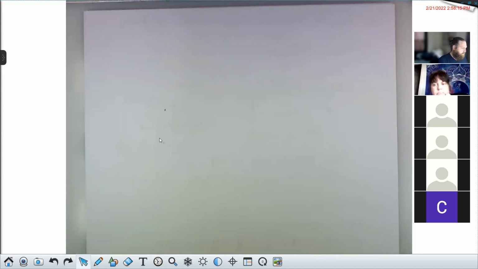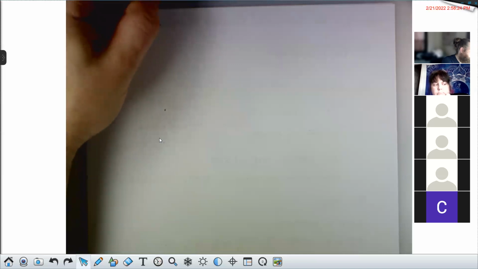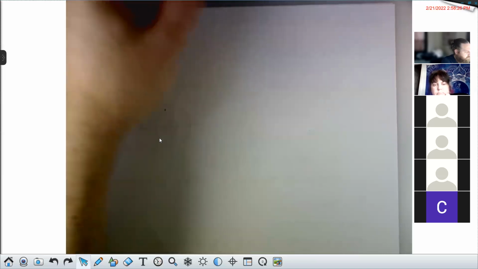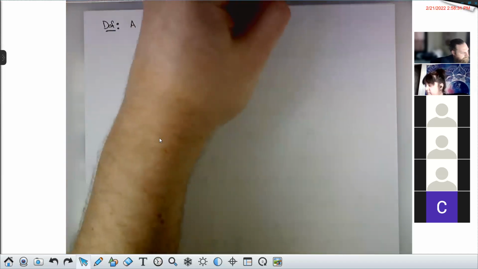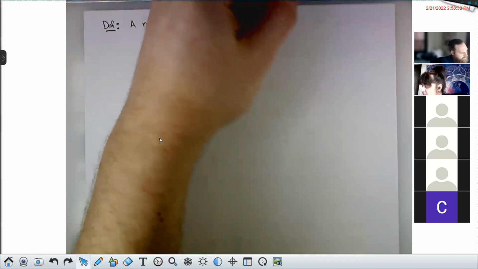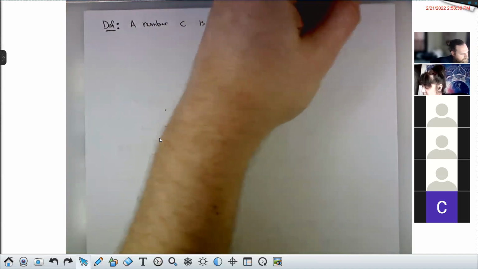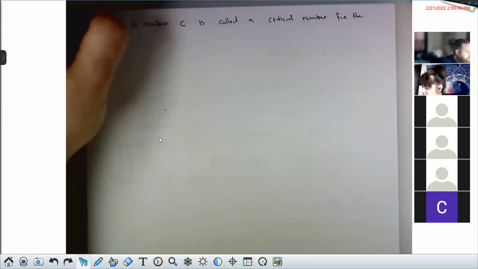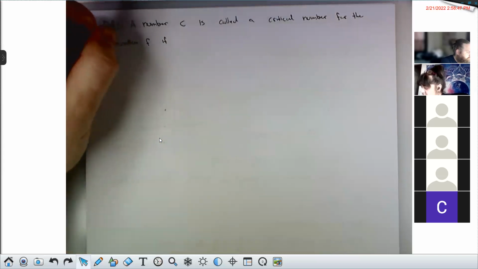Before I let you go, I need to write down just one definition. There's a bit of terminology that we didn't define explicitly. So a number c is called a critical number for the function f if, and there's a couple things that we need to be true here.